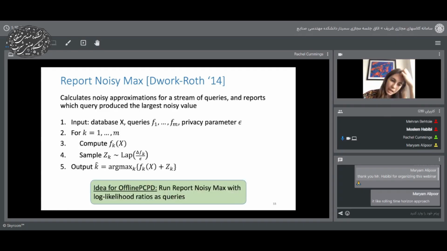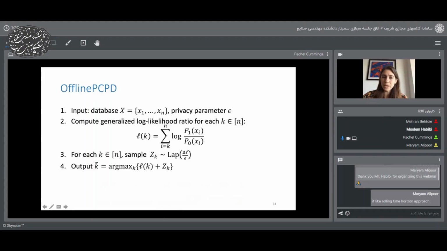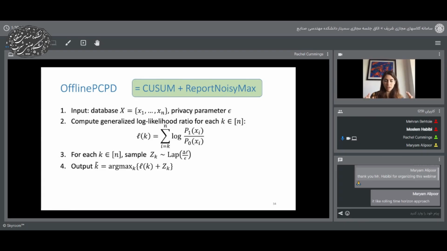And the idea that we're going to apply for this problem of offline private change point detection is we're going to run report noisy max with these log likelihood ratios as our queries. And that's actually precisely what this is. This is our algorithm in the offline case, where we have the entire database up front.